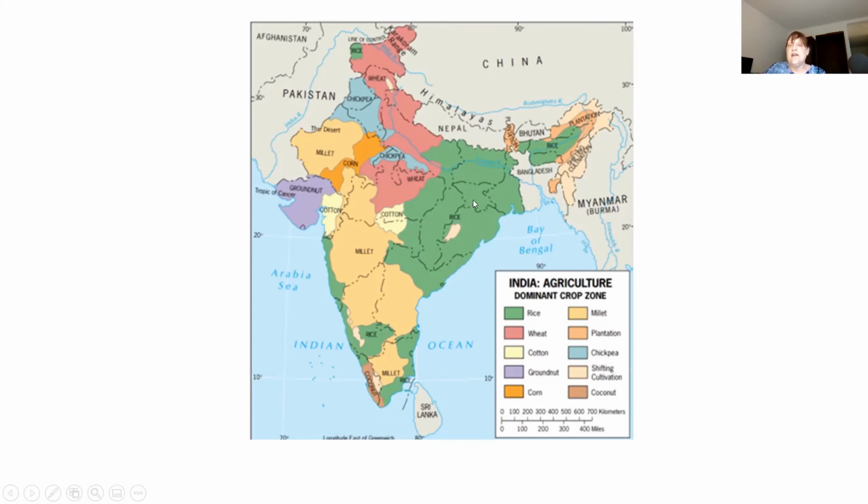So you have rice in the area where you have the deltas and where you have these rivers that you can go and you can cultivate the rice and you can flood them because it takes a lot of water, versus millet, which is taking place on the plateau, and it's a drought resistant crop. So the specialized areas in India are actually where the climate and the soil conditions are suitable for those types of crops.